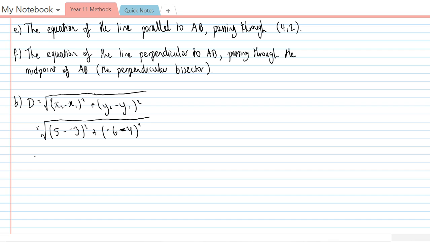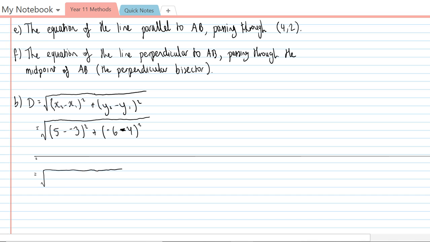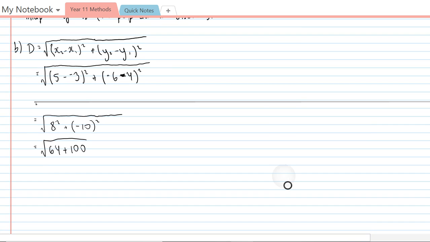So this worked out to be, wow, that's something new. This works out to be the square root of 8 squared plus -10 squared, which is the square root of 64 plus 100, which is just the square root of 164.